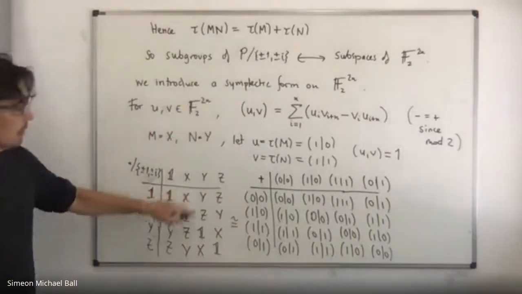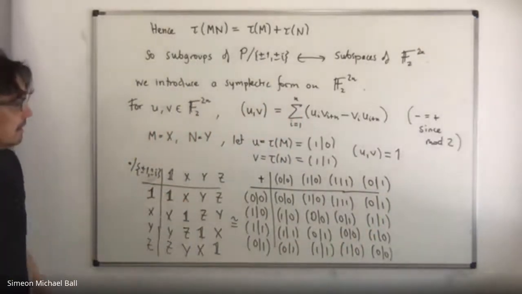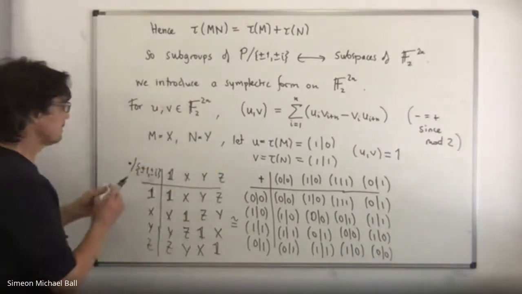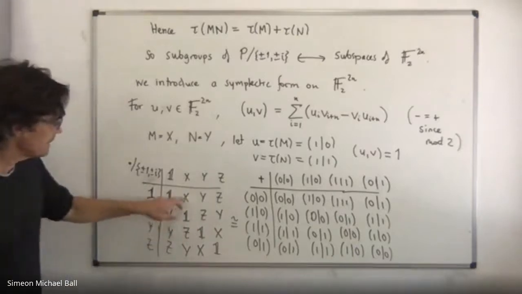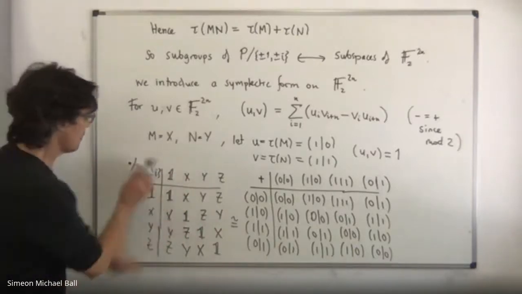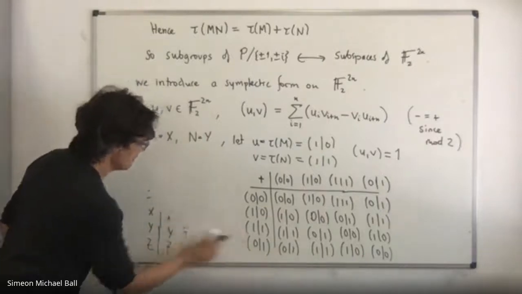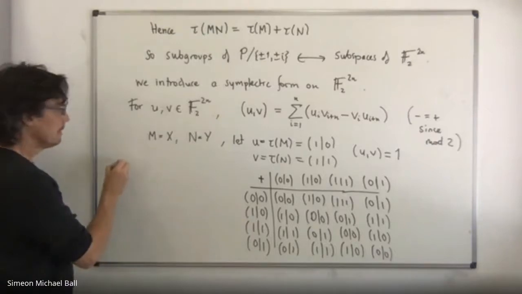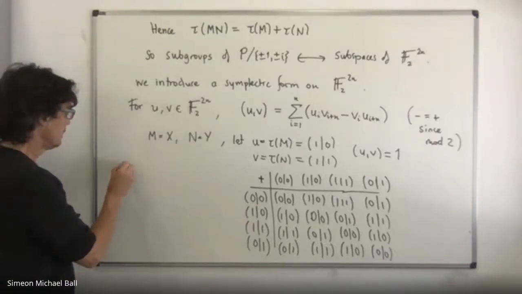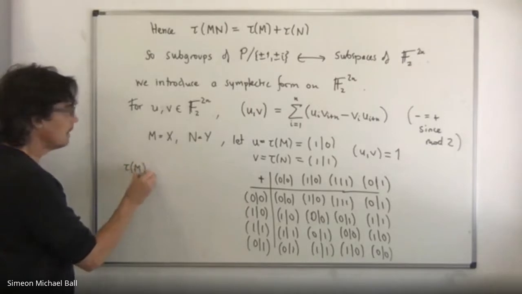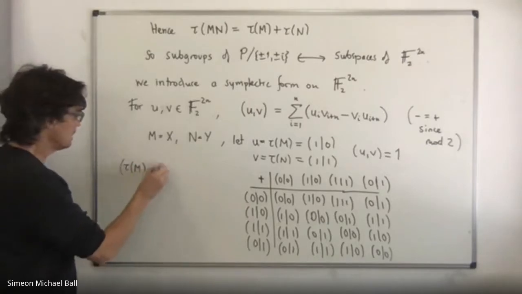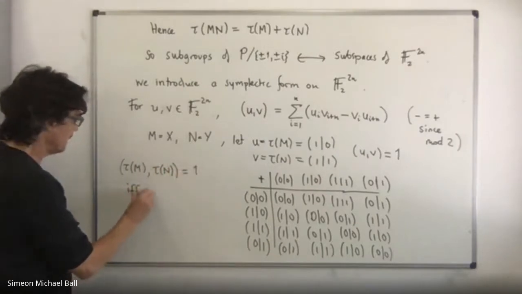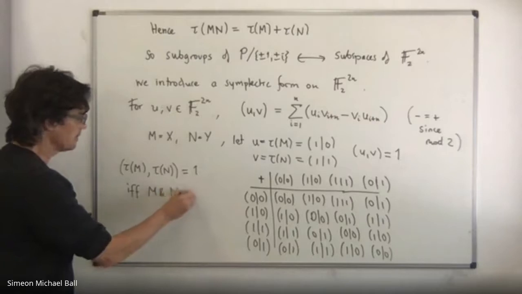And if you go through each check here, you will see that for any single powers, when they anti-commute, i.e. when you've got the x's with the y's, so tau of m comma tau of n is equal to 1 if and only if m and n anti-commute.